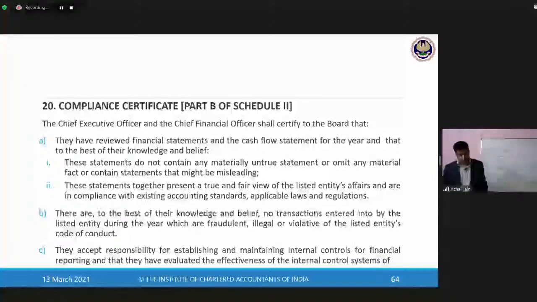So let's see what this compliance certificate is and what are the requirements around it. It is considered to be a very important document in case of a listed company. CEO and the CFO shall certify to the board.